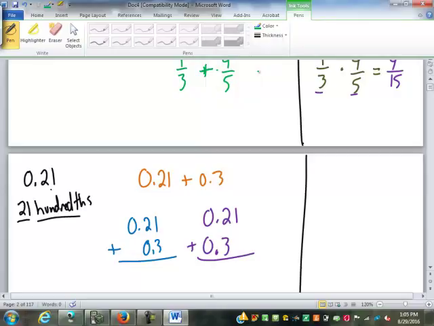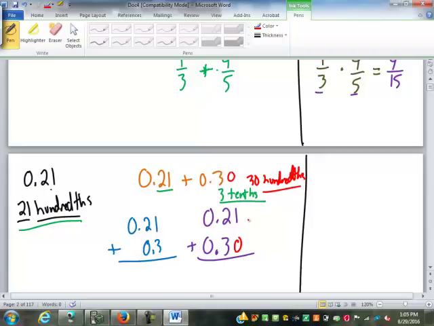Yeah? Okay. Well, it's the same reason. This is 21 hundredths, as we said. This is really 3/10. Right now, they have different names. But we can give them the same name by simply putting a 0 there. Now that is 30 hundredths. When we give them the same name, now the decimal points would naturally line up.